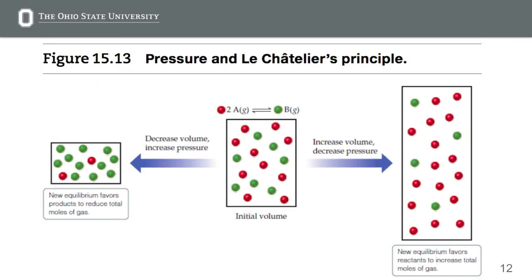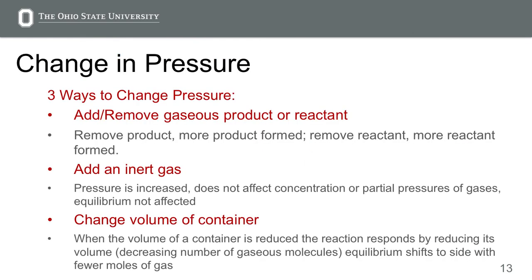The figure's showing, by the relative size of the boxes and by the colors of the spheres, what happens when you affect the pressure by changing the volume. So we have more red spheres at equilibrium when we've increased the volume and decreased the pressure.